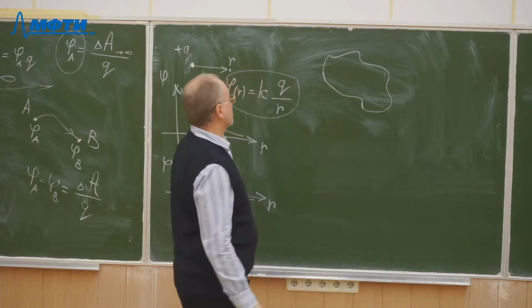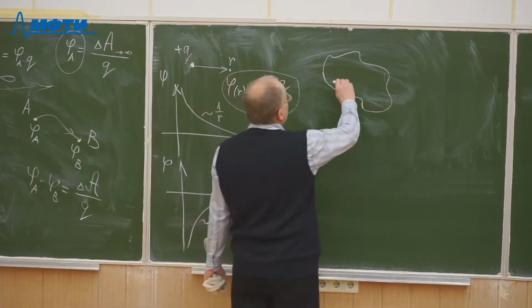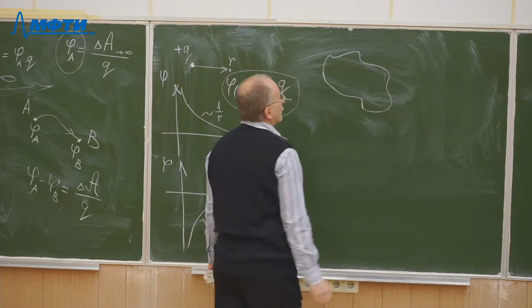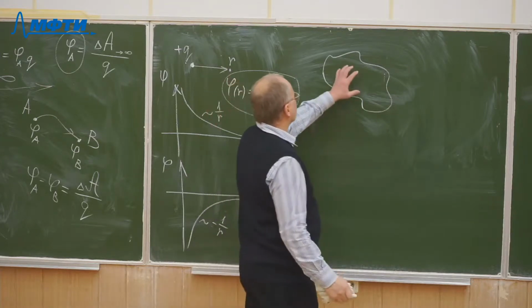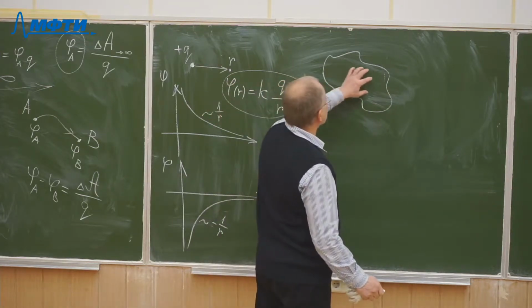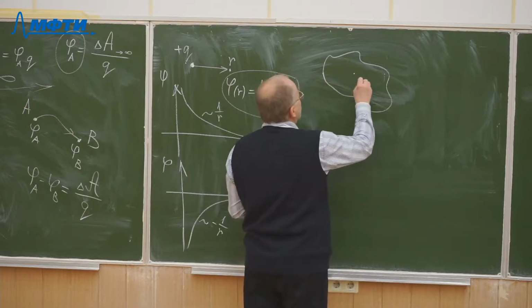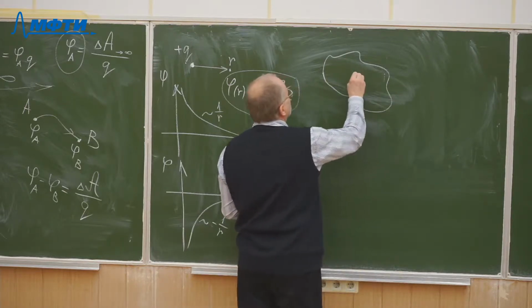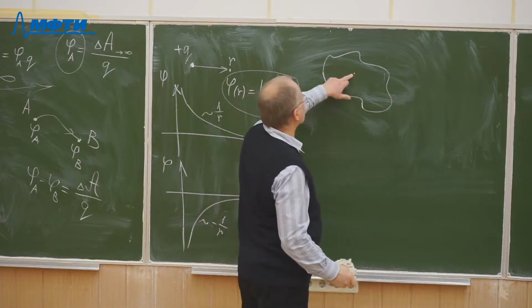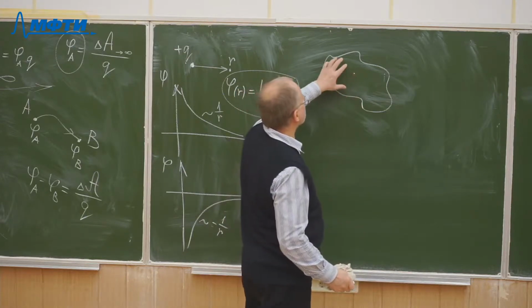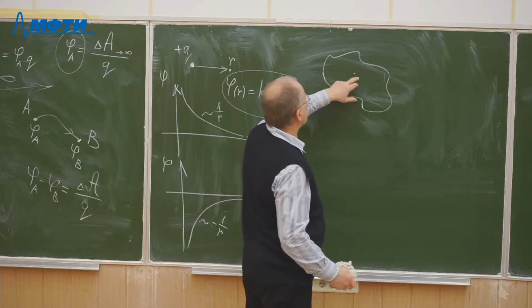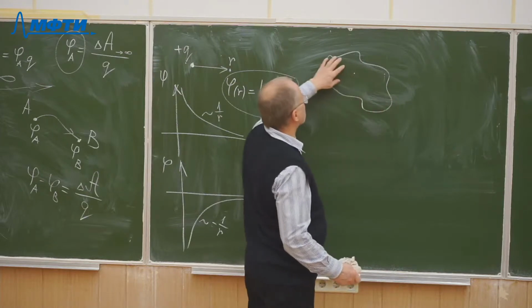We discussed it already. In conditions of electrostatics, no field lines can exist inside the conductor. It means that no forces act on a single electron. No electrostatic forces act if the electron is inside the conductor.